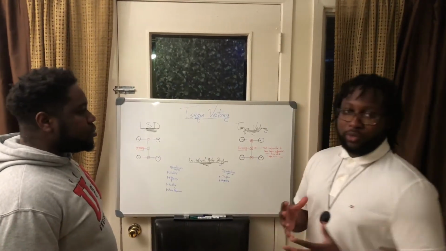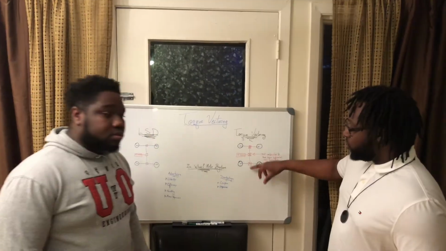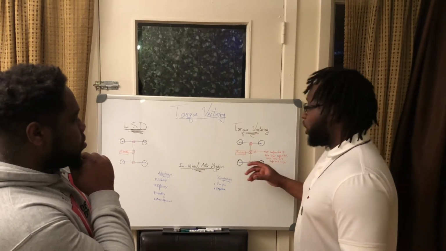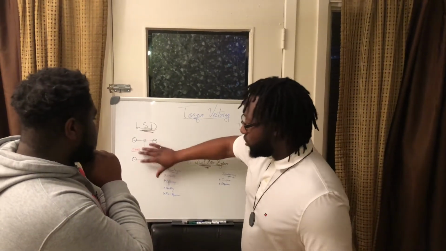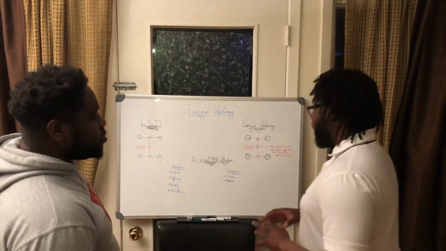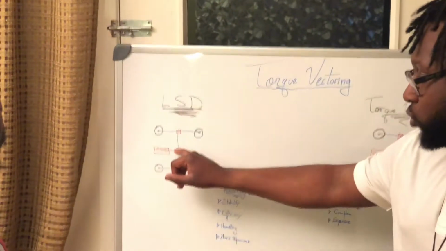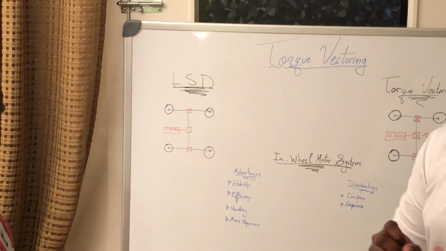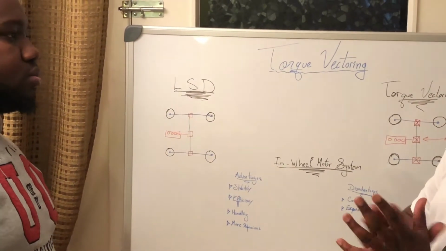So just to get into a little bit more detail, in this case, these three squares actually represent a limited slip differential. Your engine is going to apply a torque to this differential, splitting 100% of the torque between the two axles.